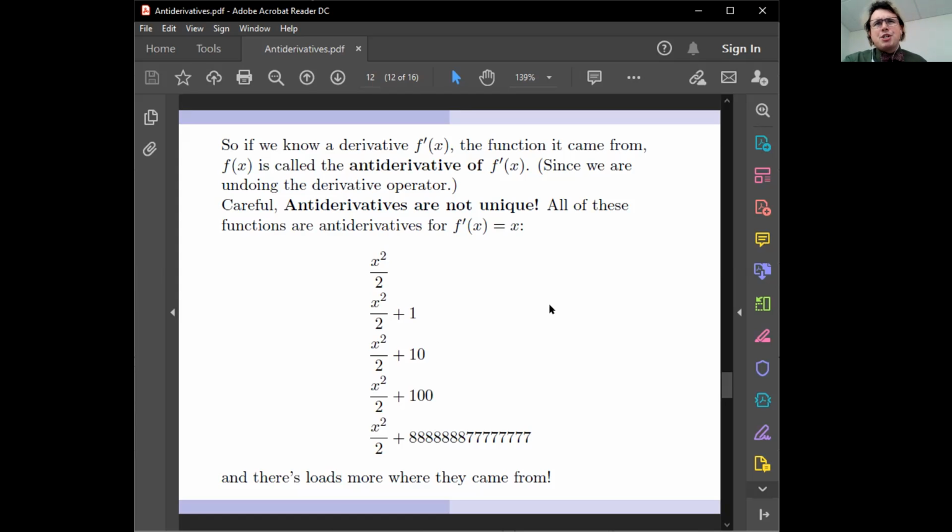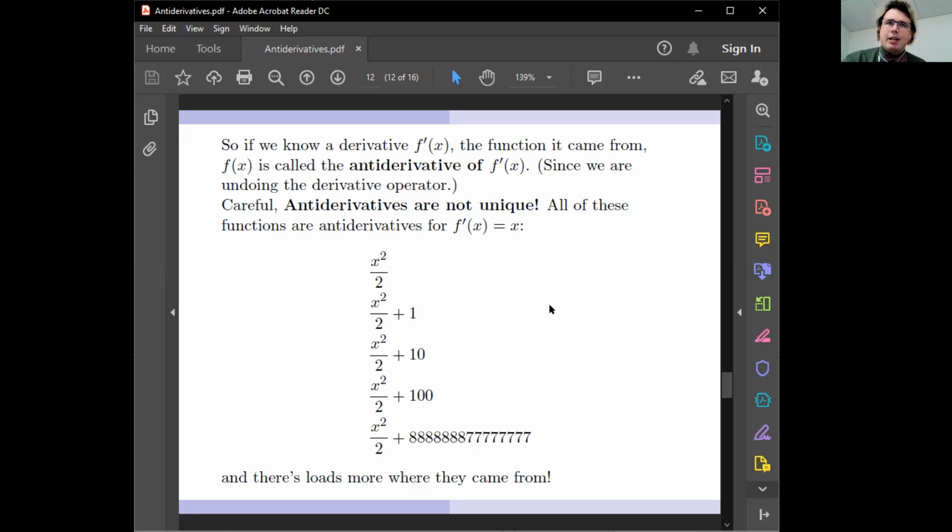And for right now, we're just going to use our rules in reverse. So to undo the process of differentiation, we will use a process called anti-differentiation. And the result of anti-differentiation is the antiderivative of a function.